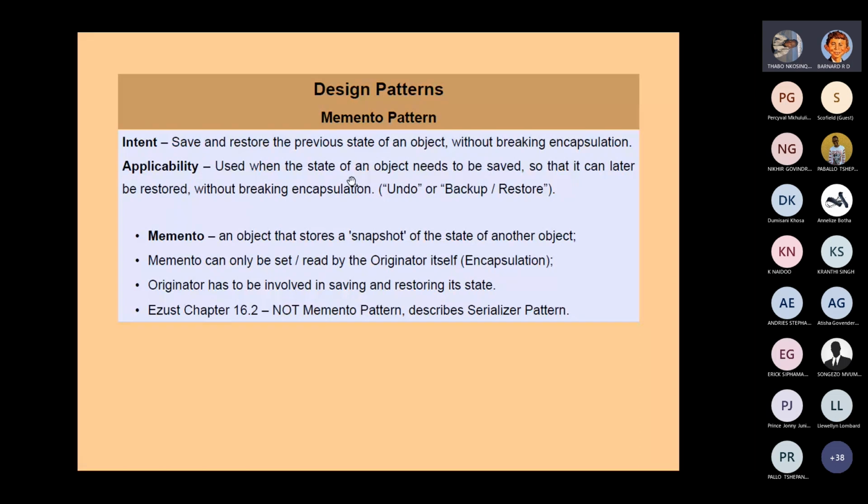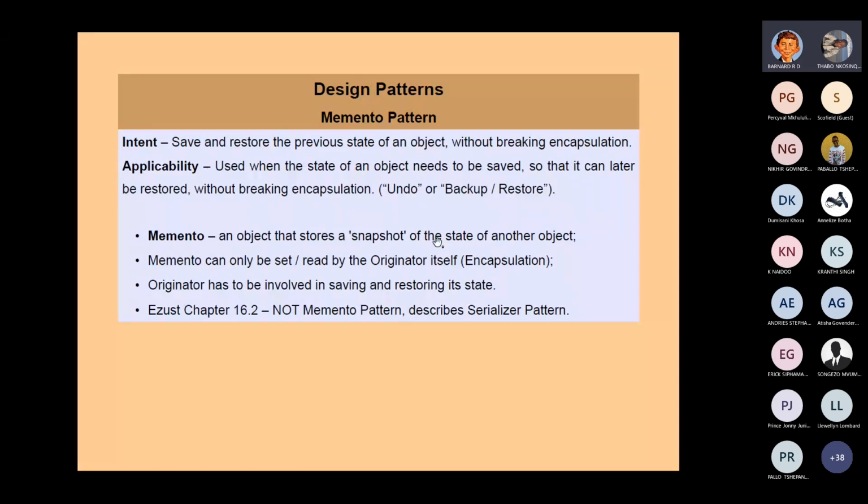Applicability: it's used when the state of an object needs to be saved so that it can later be restored, again, without breaking encapsulation. And as I said previously, it's the undo or backup and restore functionality. Okay, then memento is an object that stores a snapshot of the state of another object.